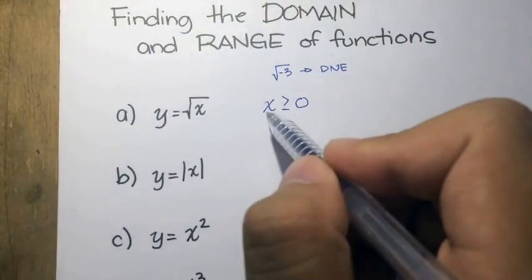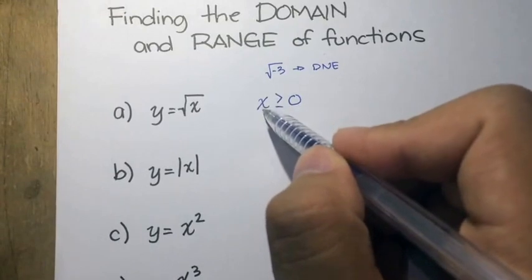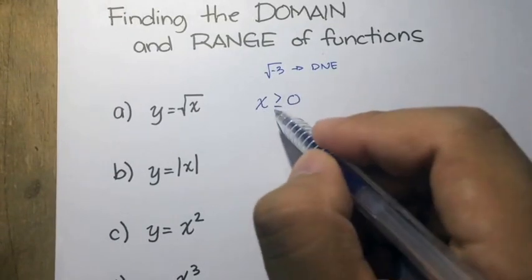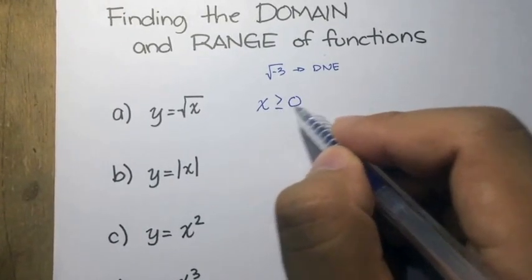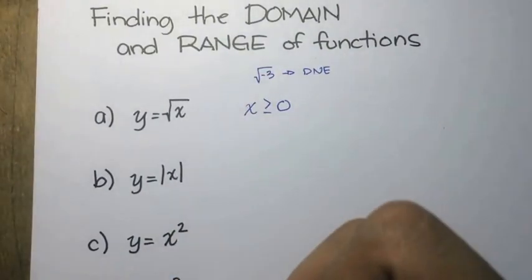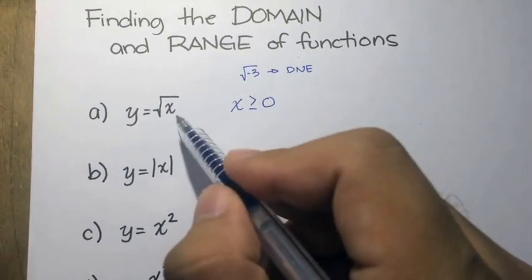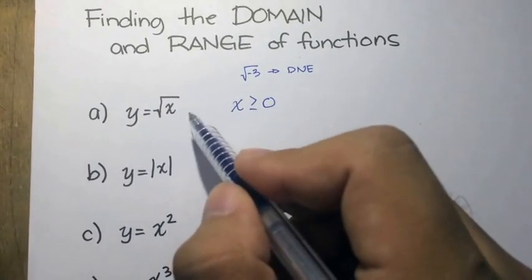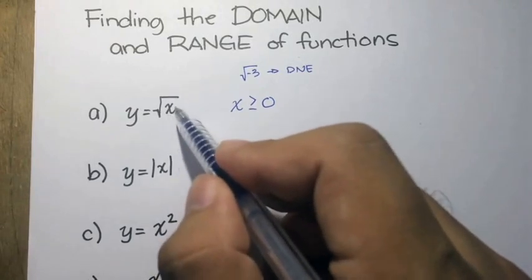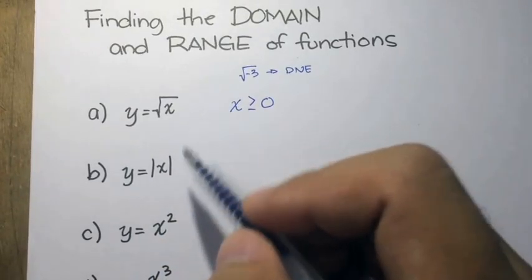So, the x values for this function can only be numbers that are greater than or equal to 0. Now, how about y? If I substitute any number greater than or equal to 0 here, my y value will never be less than 0.